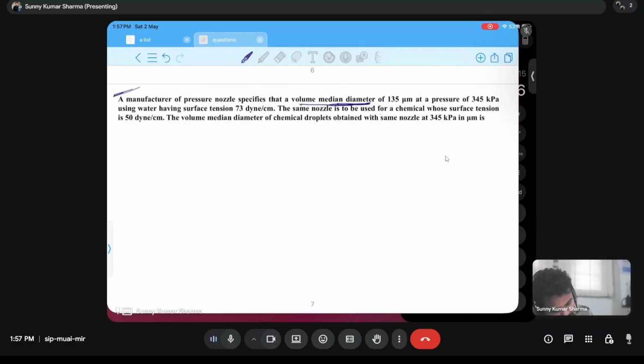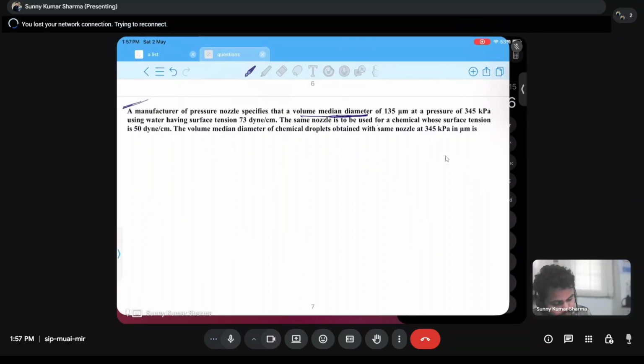The same nozzle is to be used for a chemical whose surface tension is 50 dyne per centimeter. What is the volume median diameter of the chemical droplet obtained with the same nozzle at 345 kilopascal?